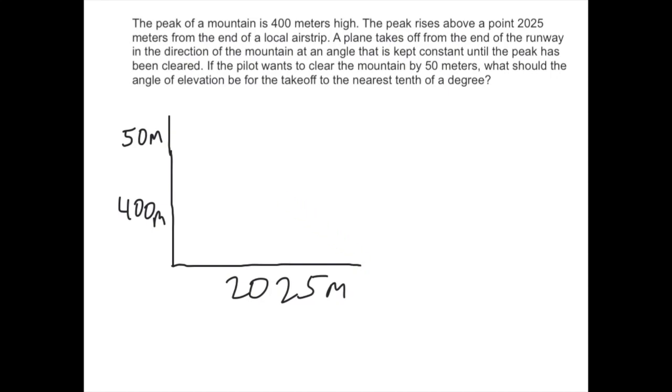So it's the angle of elevation for the takeoff of the plane. So if we draw our triangle here, the angle of elevation is what we want to know. So we'll call that our x.